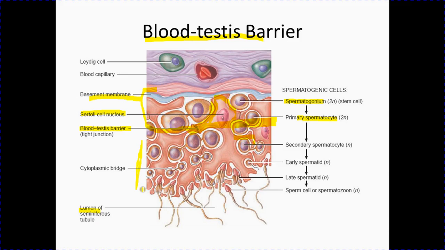The adluminal compartment mainly consists of cells which have undergone meiosis, the secondary spermatocytes and the spermatids. Now these haploid cells do not reach the blood vessels, and an immune response is prevented by this blood-testis barrier formed by the Sertoli cells.